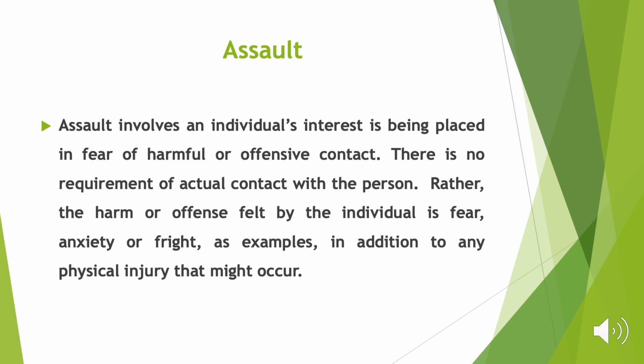Assault is usually the fear or threat of impending harm, and it can be physical, verbal, or both. One example would be giving a patient an injection if the patient has not expressly given permission to receive the injection. This action can be interpreted by the patient as a threat to them.